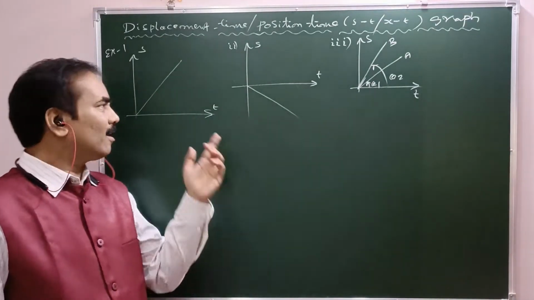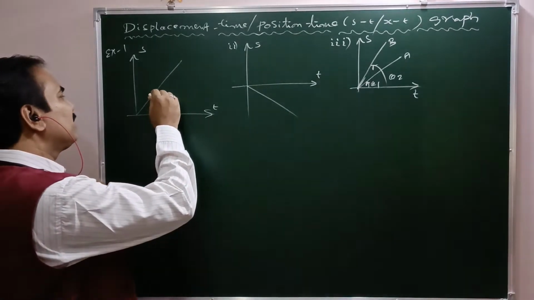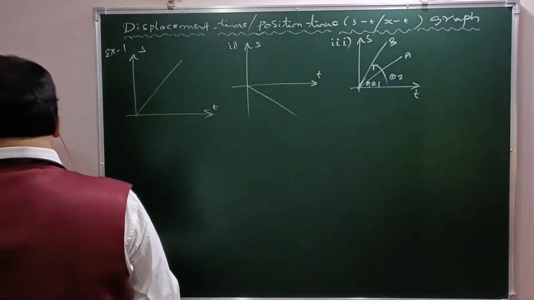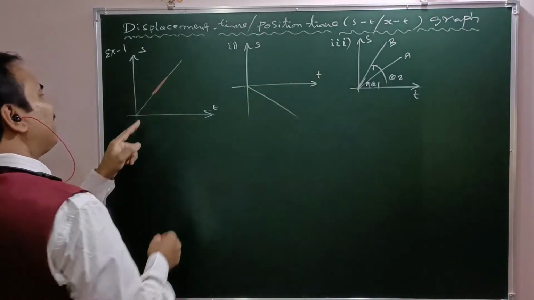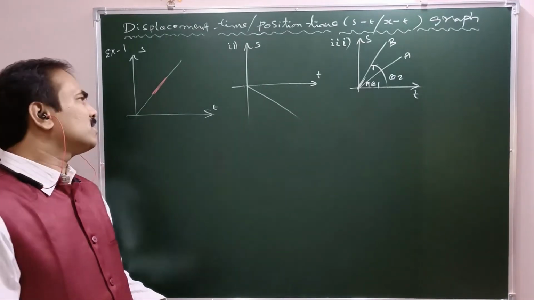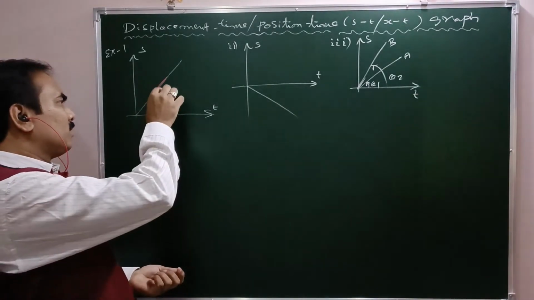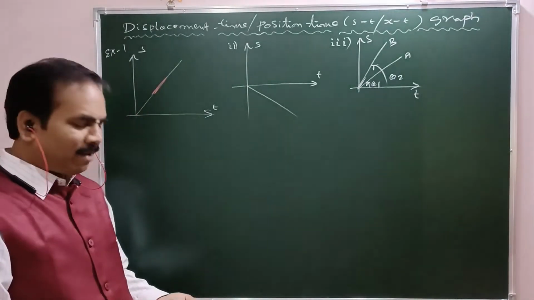What is special about the straight line here? If you draw one tangent at any point to this straight line, that coincides with the graph itself. For example, if I draw one tangent somewhere here, that coincides with the straight line itself. Means the slope is constant at any point on this straight line. Why?